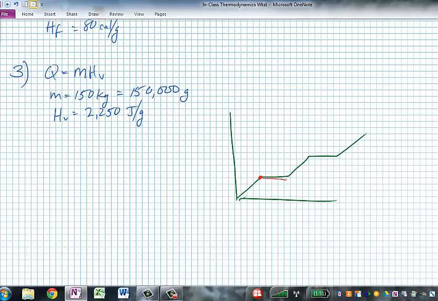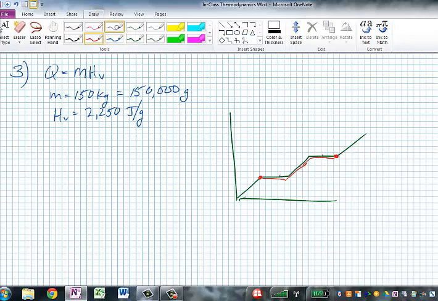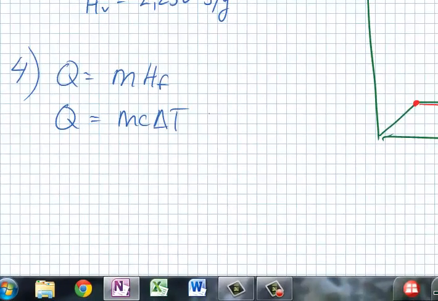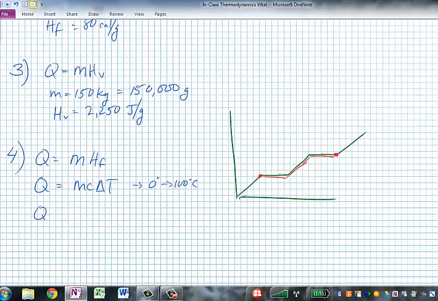Then we melt, heat up, boil, and end there. So there are going to be three steps to this number four. The first is m Hf to melt it. Second is mc delta T to get it from 0 degrees up to 100 degrees Celsius. And lastly would be m Hv for the boiling process.